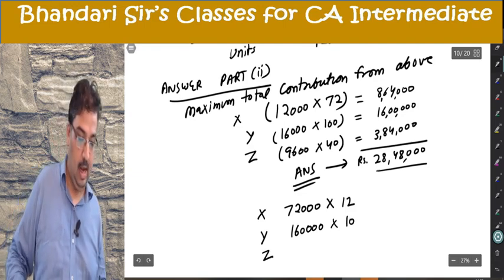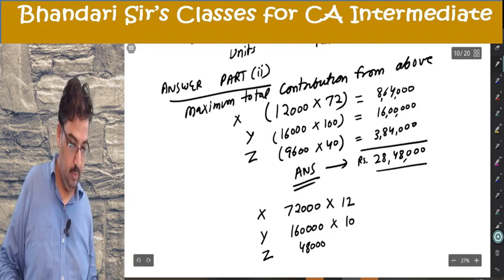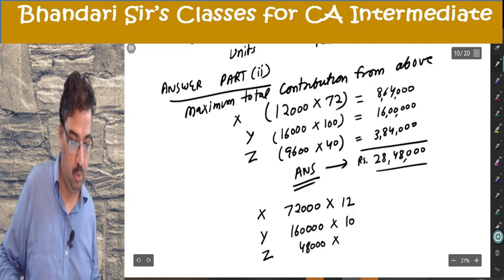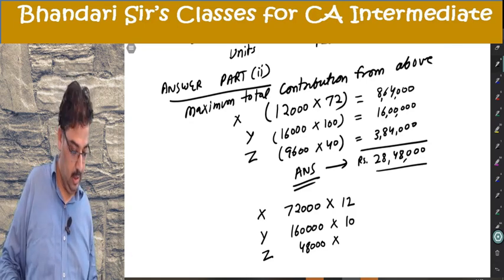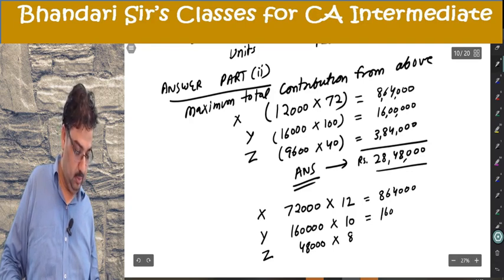For Z, hours left were only 48,000 multiplied by contribution per hour, which was 8. You can check, it will be 8,64,000. This will be 16 lakh. This will be 3,84,000.